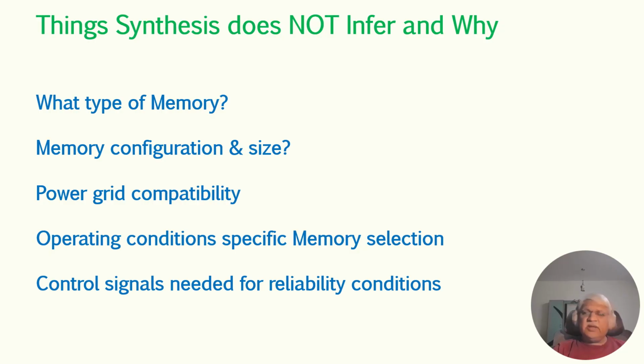Aside from that, there is power grid compatibility. How many memory power grids exist? What are the different types of metal layers on the memory, and what are the top level metal layers which are available? Based on that, there are different memory selections. These things are completely out of scope.